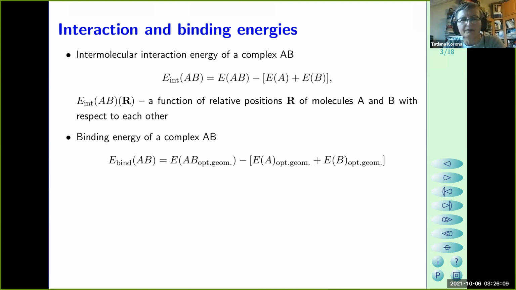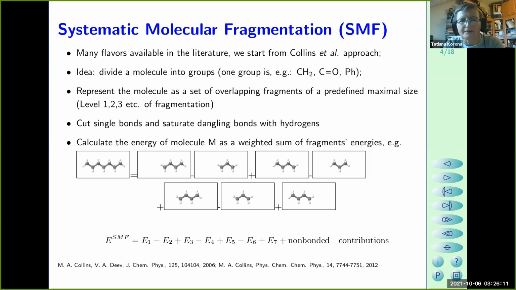Then I would like to introduce systematic molecular fragmentation, for which many flavors are available in the literature, but we start from the approach of Professor Collins.